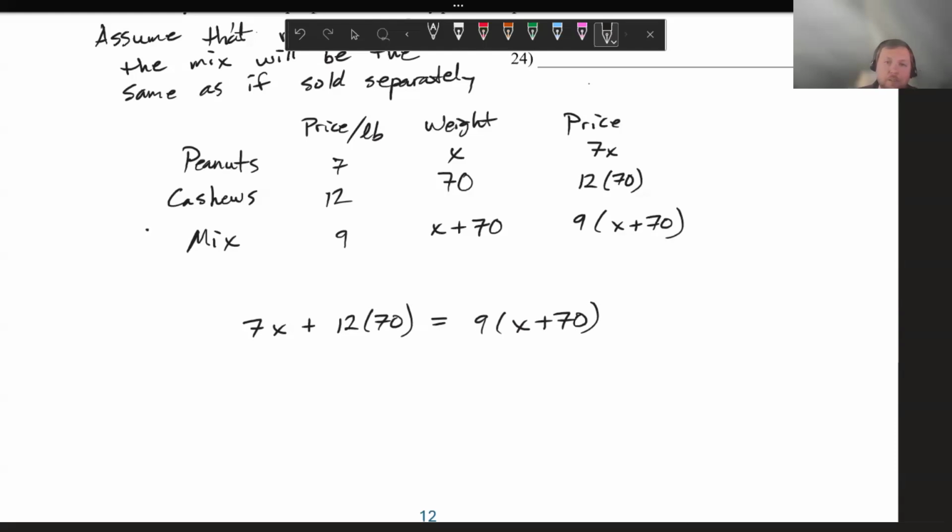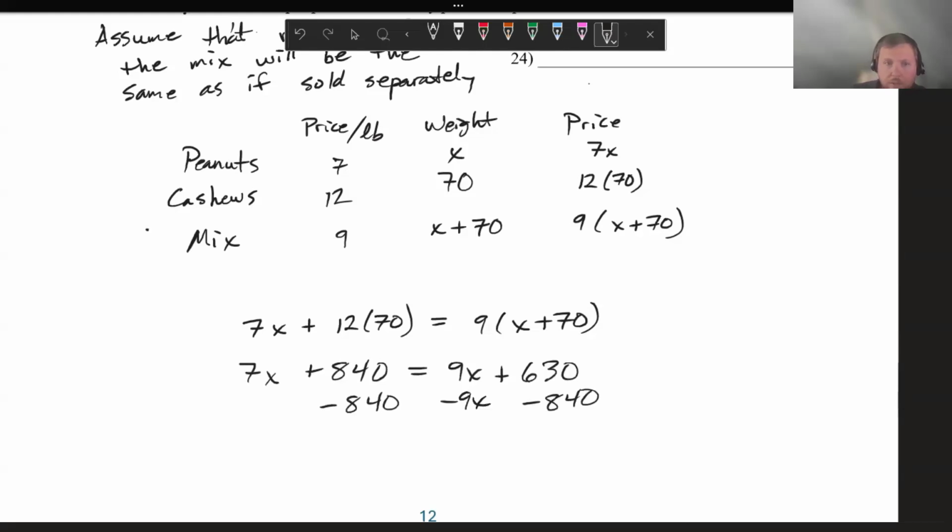And now we have something a little bit more basic to solve. So I have 7x plus 840 is equal to 9x plus 630. So let's get everything separated here. Subtract the 840 from both sides.